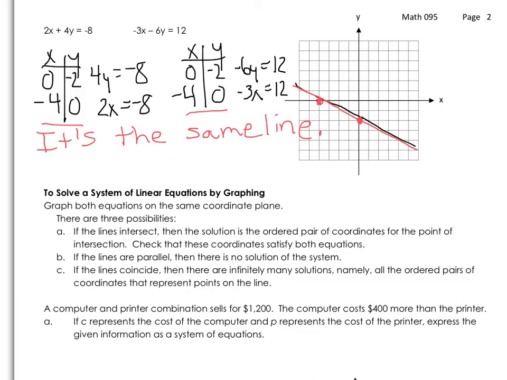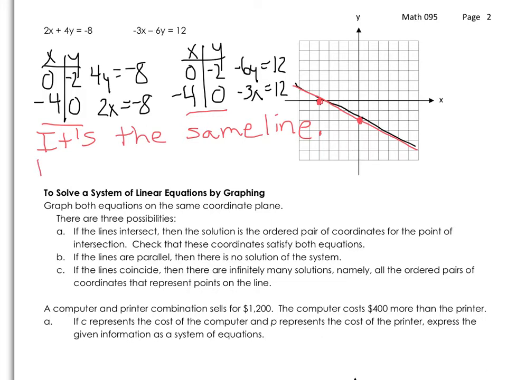Our solution to a system of equations is the point that those lines have in common. But these two lines are the same, so they have all points in common. How many points are on a line? There's an infinite number of points on a line.